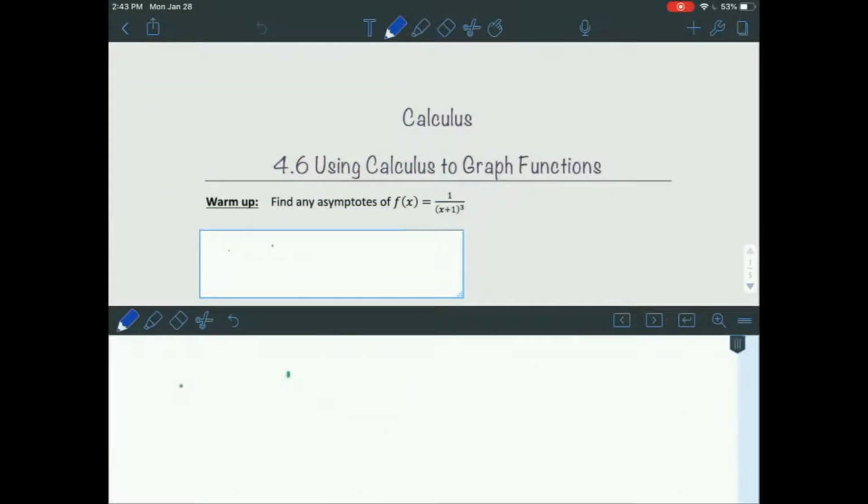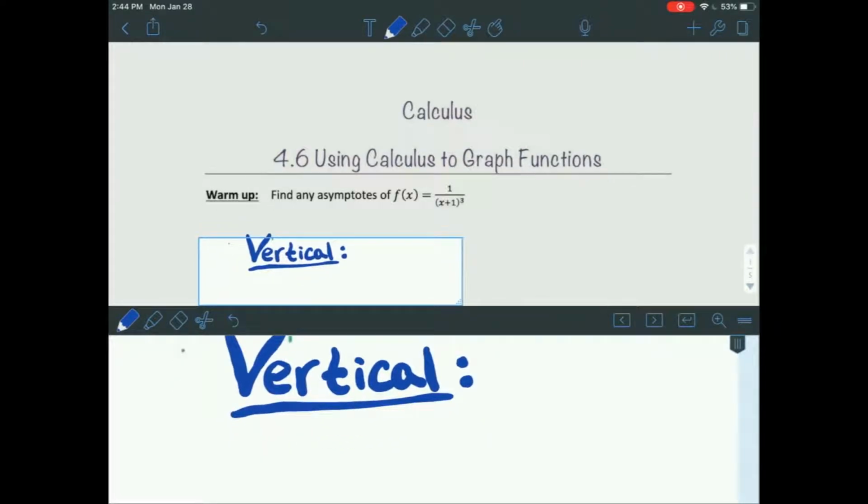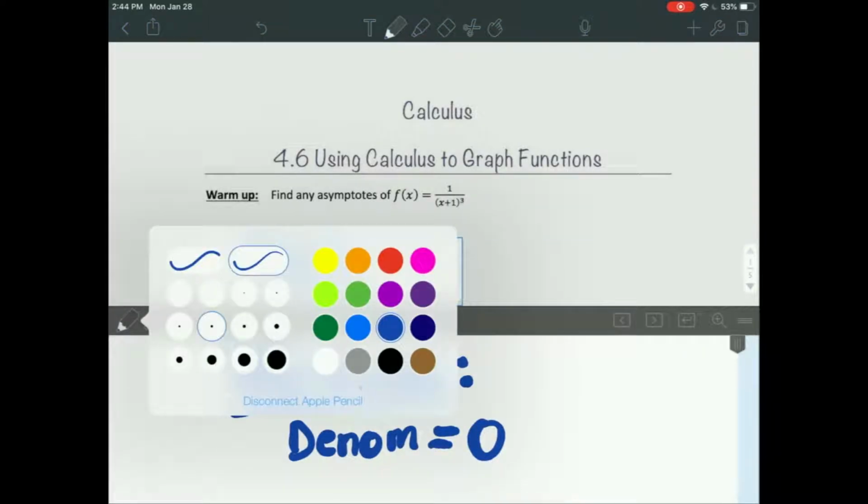So if you think back to when we talked about asymptotes, you could have vertical or horizontal asymptotes. You'll have a vertical asymptote anywhere your function's undefined. So if the denominator is equal to 0 somewhere, we're going to have a vertical asymptote. Let me fix my pen, it's kind of thick here.